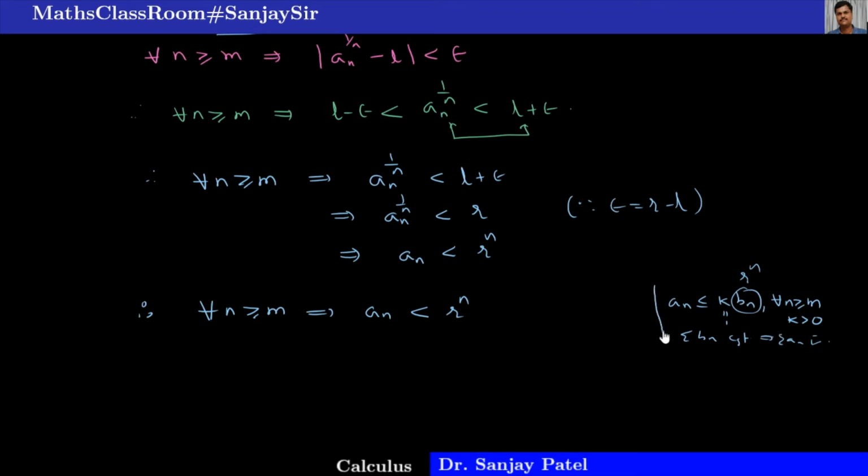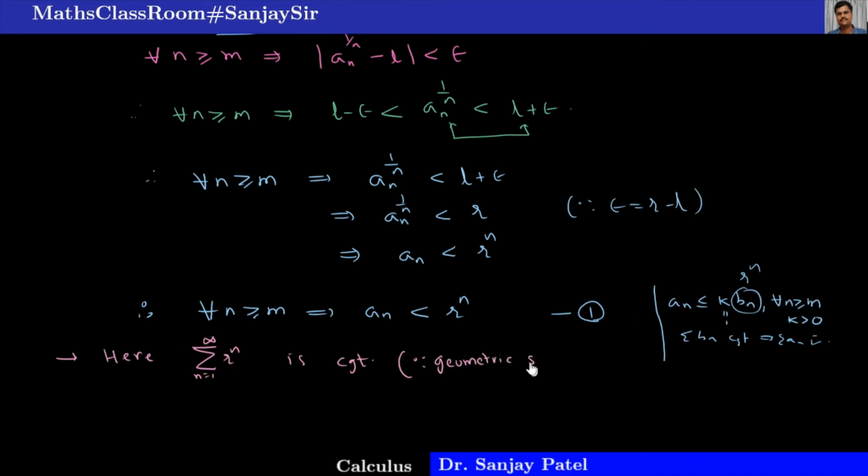So using this comparison test, let us write here as result number 1, and then we can mention that here the series sigma R raised to n, this series for n is equal to 1 to infinity is convergent because it is a geometric series.